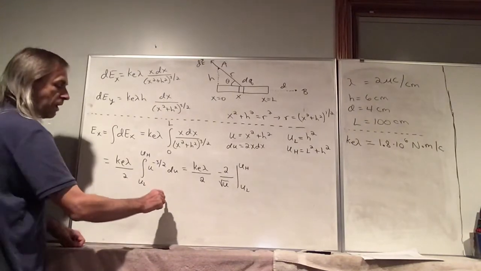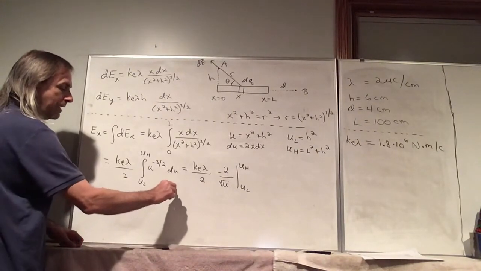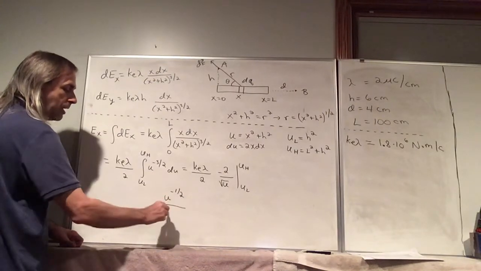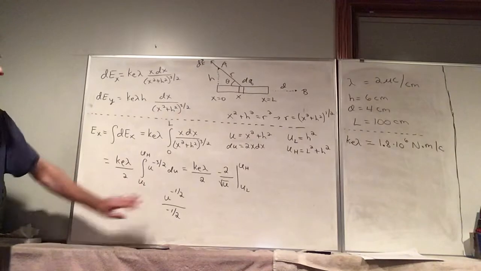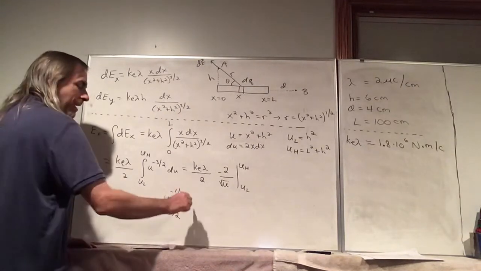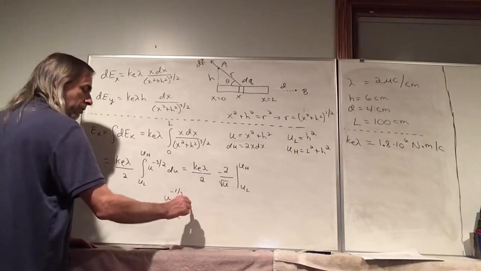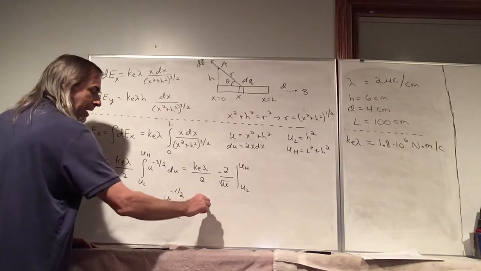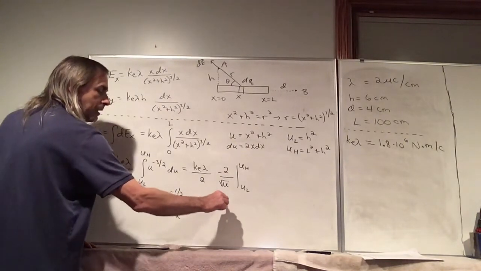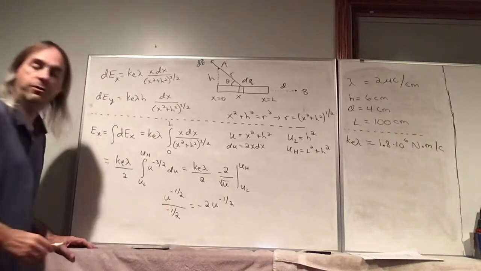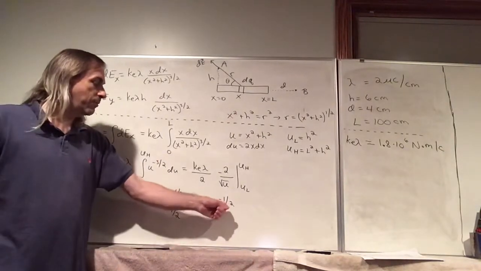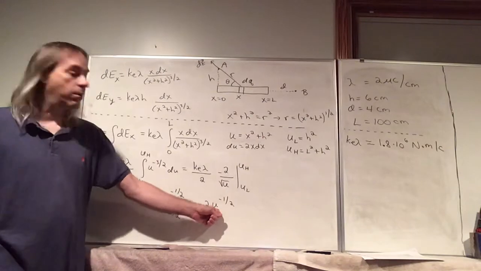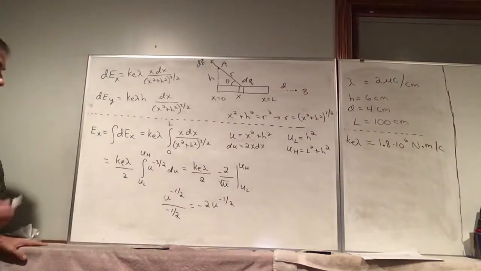Let's do it off this side. We have u to the minus 1/2 divided by minus 1/2. If we multiply by -2 over -2, we have -2 u to the minus 1/2. And then -2 and -1/2 is just 1. U to the minus 1/2 is 1 over the square root of u. So there we go.